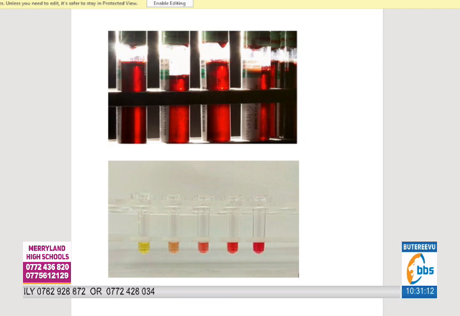In any case, if there's variation in the concentration of water and solutes between the plasma of your blood and the red blood cells, then we are going to have either hemolysis or crenation of the red blood cells, because osmosis is going to take place within your blood. Water will either move from plasma into the blood cells, and then they will burst, or the water will move out of the blood cells into the plasma, and then they will crenate.